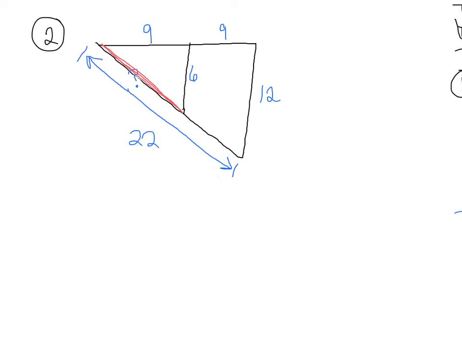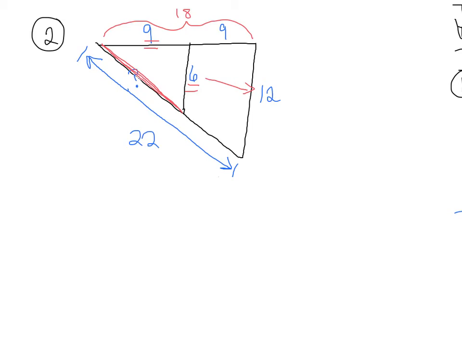We need to find a pair where we know the small triangle side and the larger triangle side, and we do know two of them. For example, we know the 6 and the 12. We know that those match up. We also know 9 and the full length of 18. Well, we can use either of those, right?